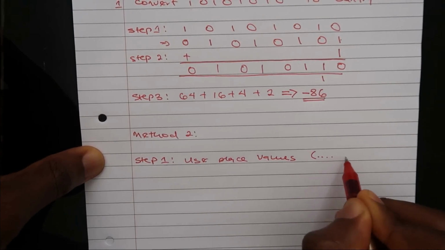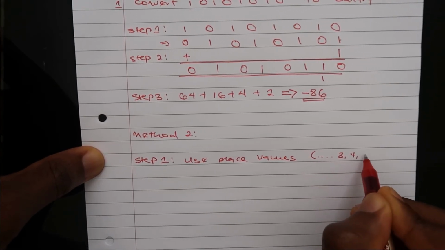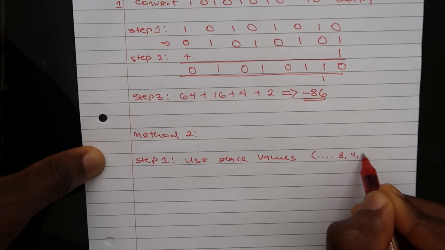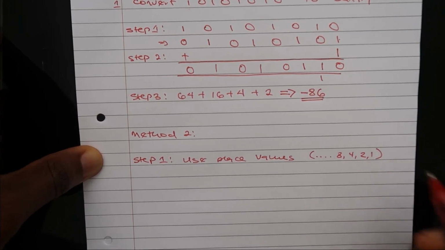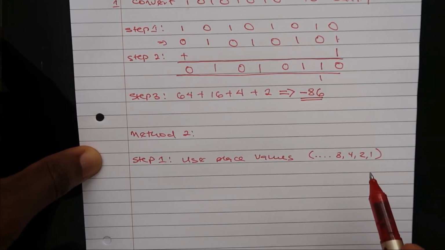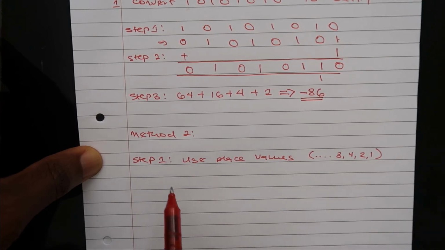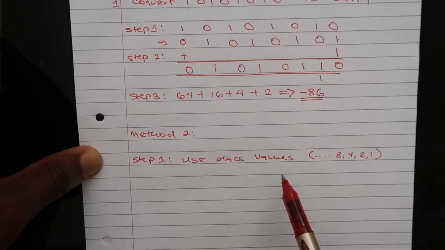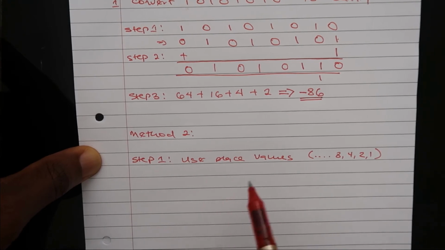Our place values would be 128, 64, 32, 16, 8, 4, 2, 1. Okay. And then make note of your most significant bit. If it's 1, it has to be negative, and if it's 0, it's going to be positive.